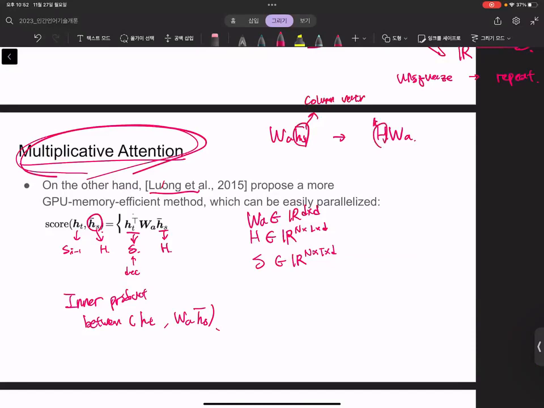We treat this as the column vector of the matrix H. And we do not care about the transpose of WA because this is a learnable parameter, okay?